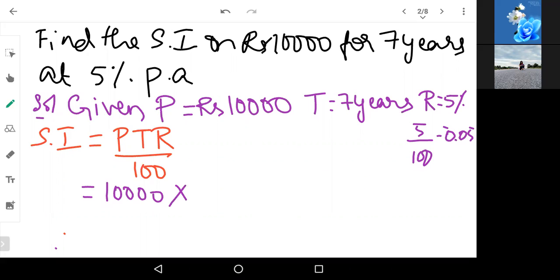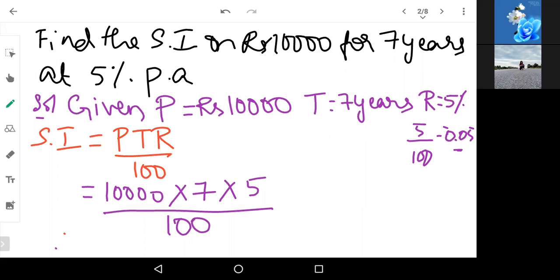into 7 years. Now, since there is no years and months together, write the full 7 years. Yeah, correct, Aina, 3,500 is correct. Wait. Now, when it comes to interest, take 5. Don't take 0.05. Why? Because there is a division by 100. Okay.